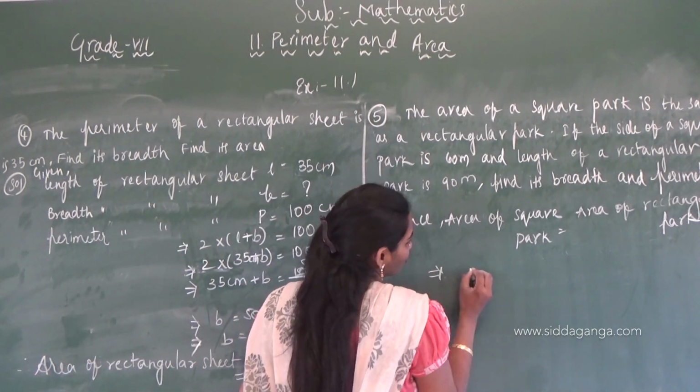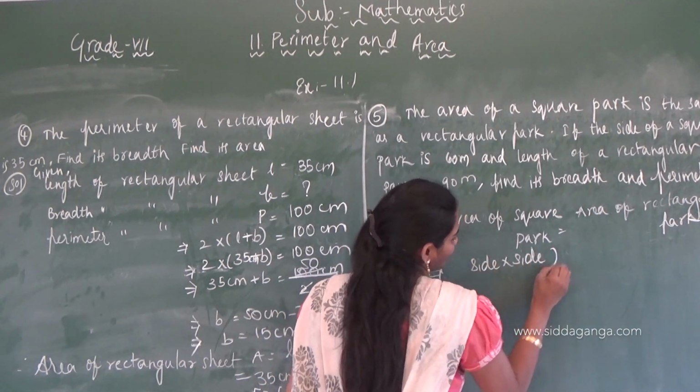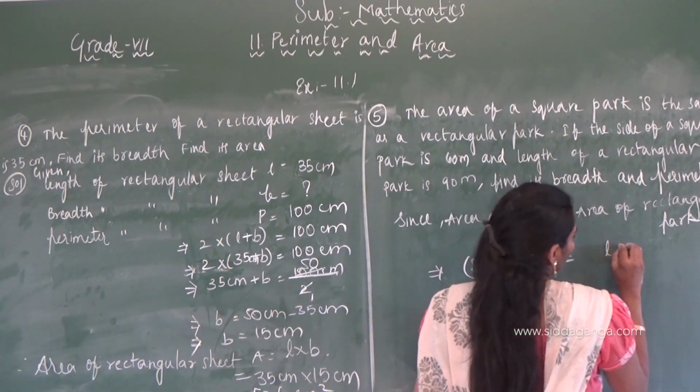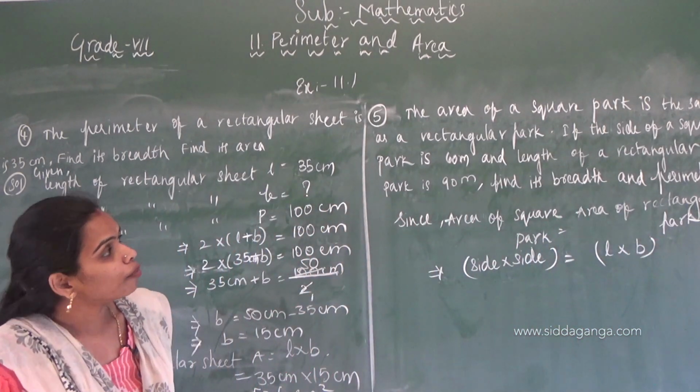Just write the formulas first. Side into side is equal to L into B. L into B means length into breadth.